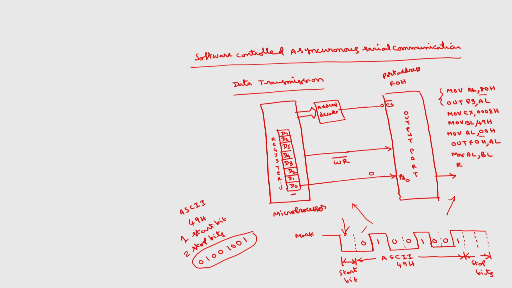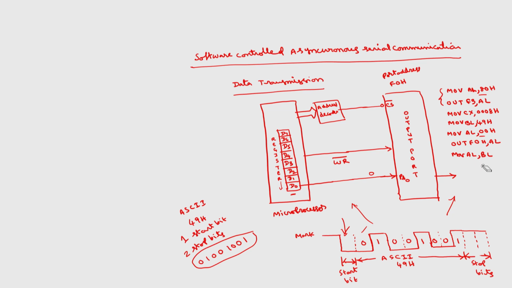rotate right AL by 01 bit, so that the lower order bit is transmitted as it is onto port A, PA0. I will just transmit this, later I will rotate.